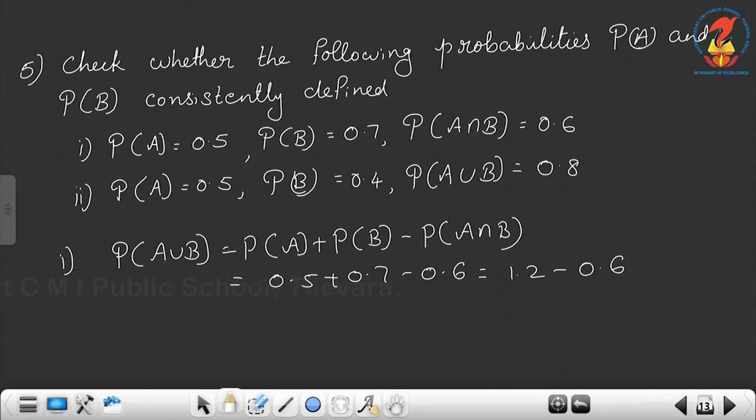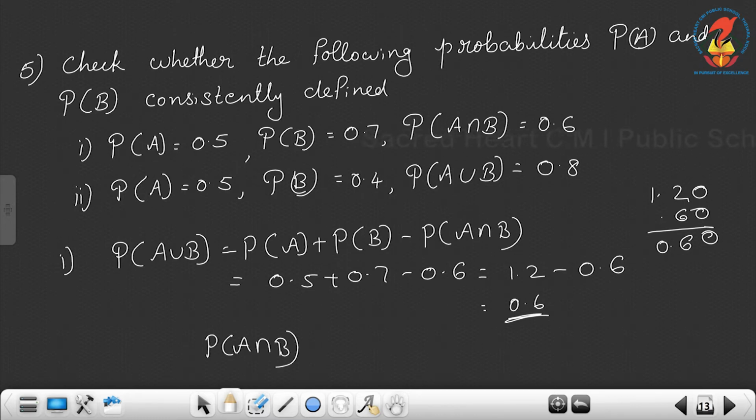Okay, that's equal to 0.60. Okay, 0.6. Now, this P of A intersection B is 0.6. It is greater than P of A. Is it possible?